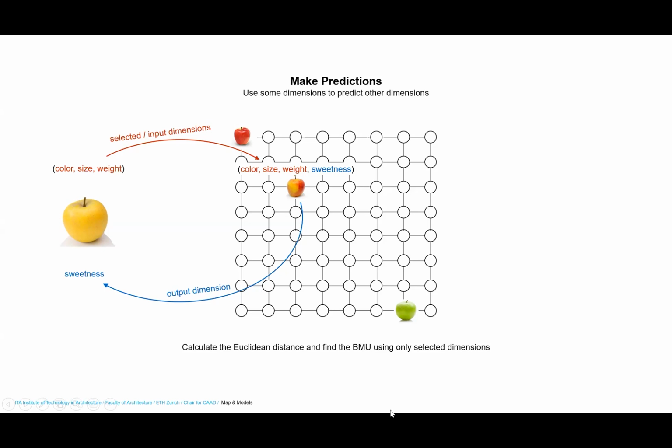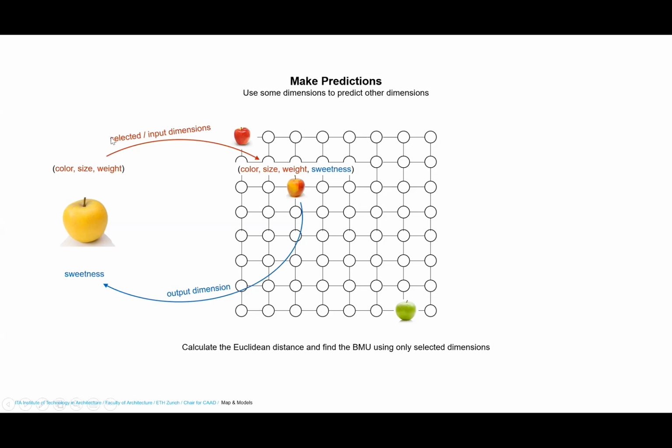Then for example, I have a yellow apple here, and I only have the first three values of its feature vector. I feed these first three values to the SOM, and then use the exact same algorithm to calculate the Euclidean distance of these three values to all the cells, and then find the cell that has the minimum distance.